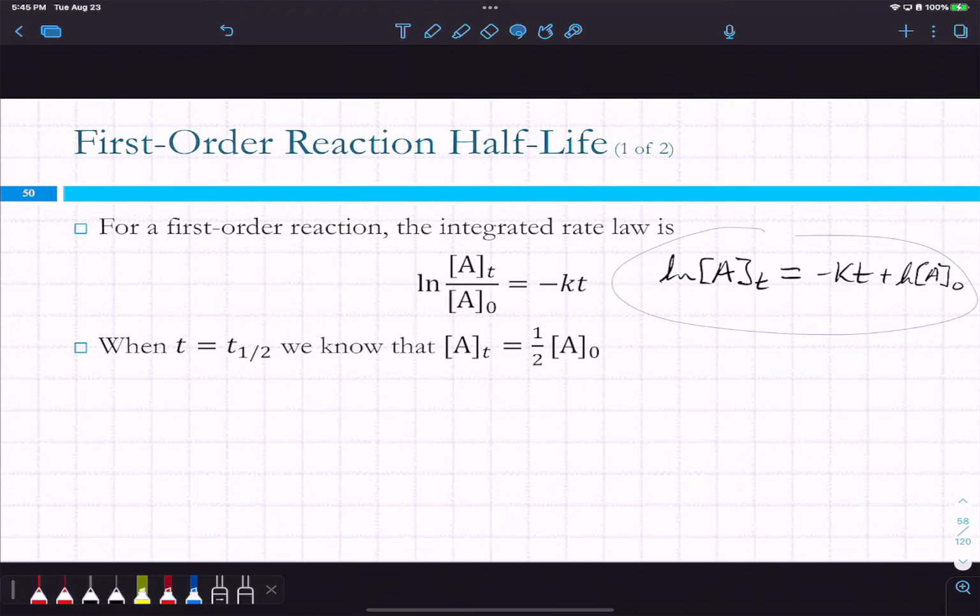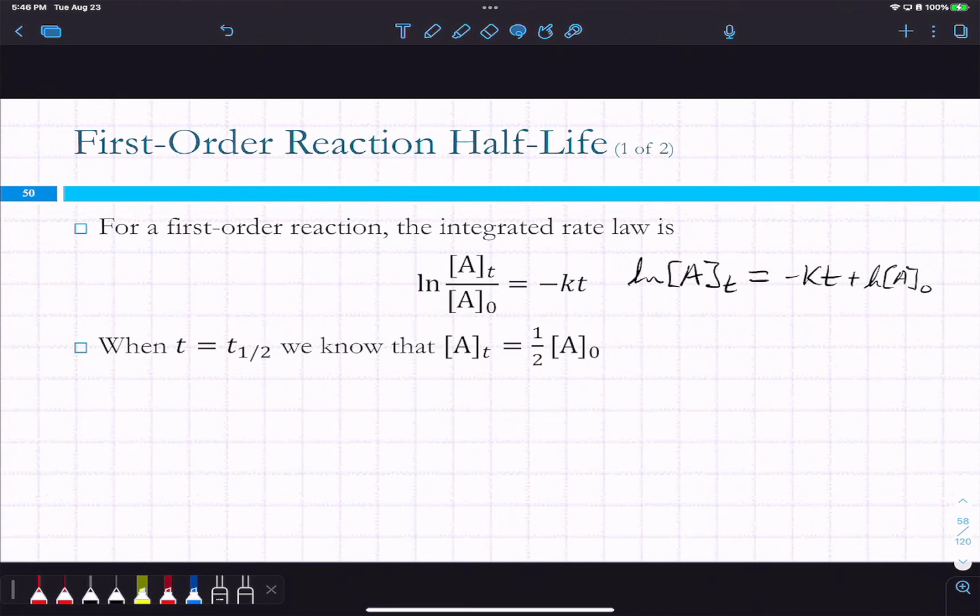If we take this and we subtract natural log of A0 from both sides, one of the properties of natural logs, or logs in general, is if you have a natural log minus a natural log, that's the same thing as the natural log of the first thing divided by the second thing.